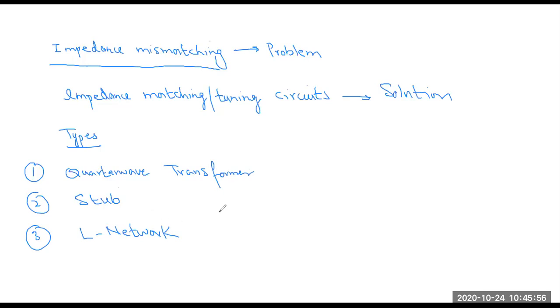Now, these circuits can be further categorized into their sub-circuits. So the quarter wave transformer actually has two variants. One of them we have already discussed, but that particular circuit is known as the single section quarter wave transformer.